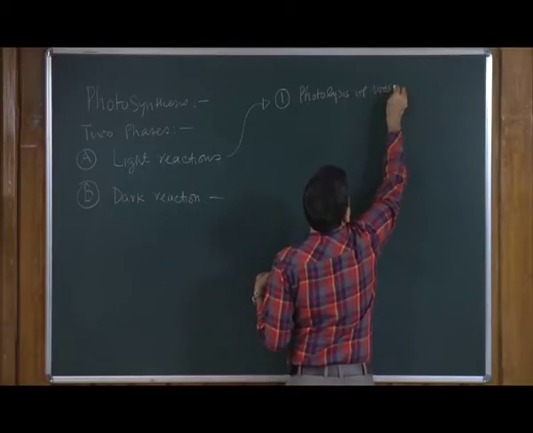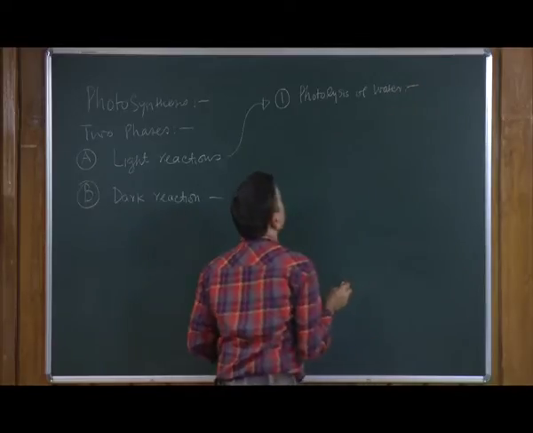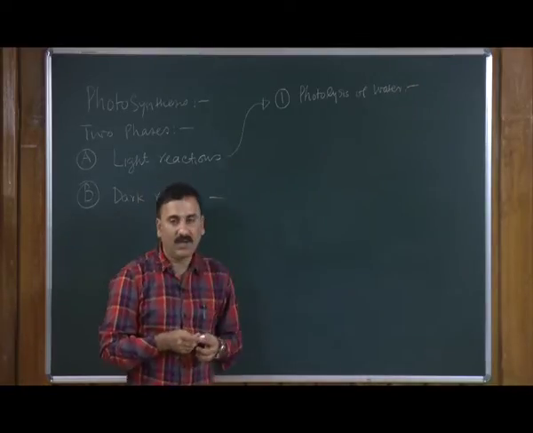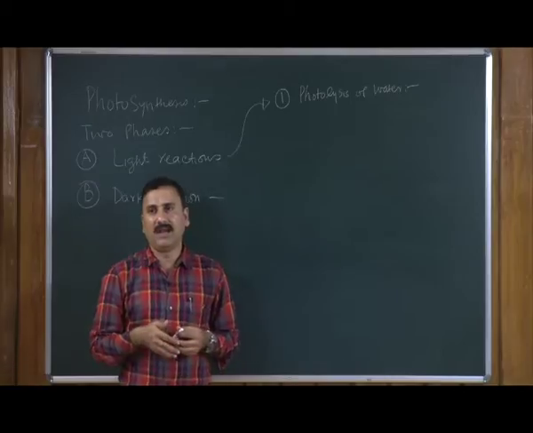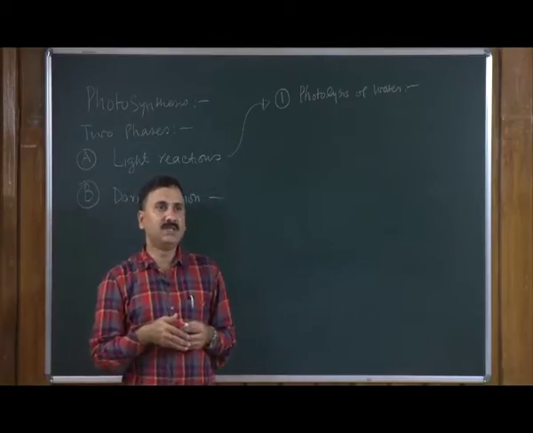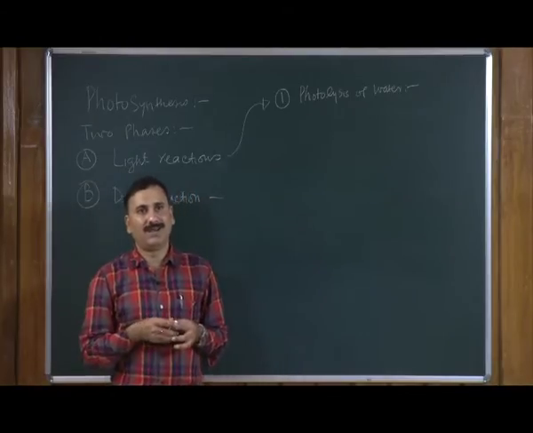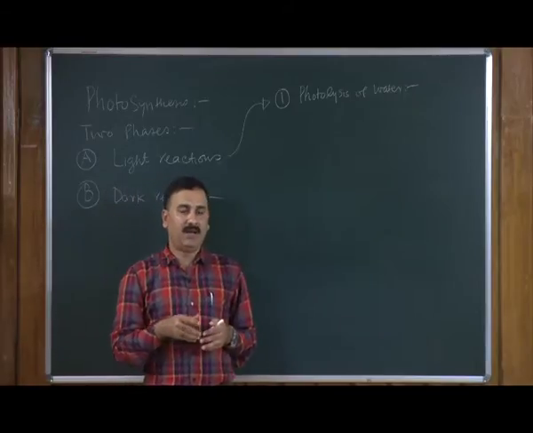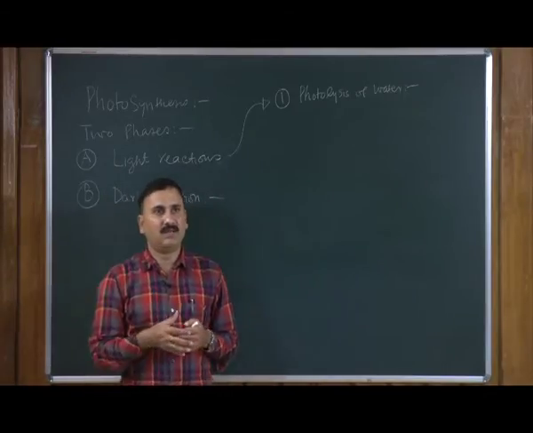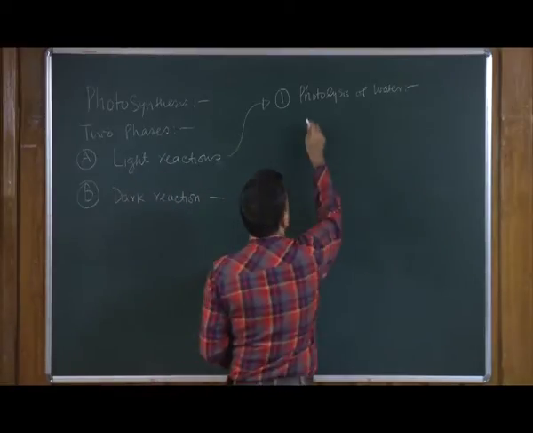That is the first step in the light reaction. As you remember, in the last lecture we discussed that the photolysis of water is catalyzed by an enzyme complex known as the oxygen evolving complex.